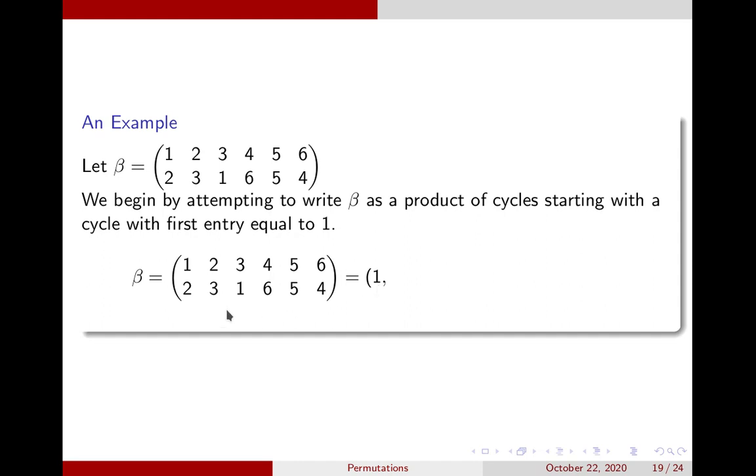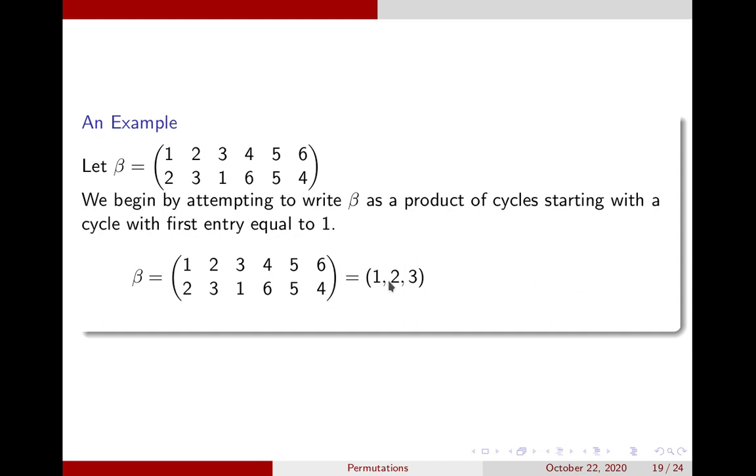And now we use the matrix notation to compute the next entry in the cycle. 1 is sent to 2. And we use the matrix notation to find the next entry in the cycle. 2 is sent to 3. And then we find the next entry in the cycle. 3 is sent to 1. But 1 was the beginning number in the cycle, so that finishes this first cycle.